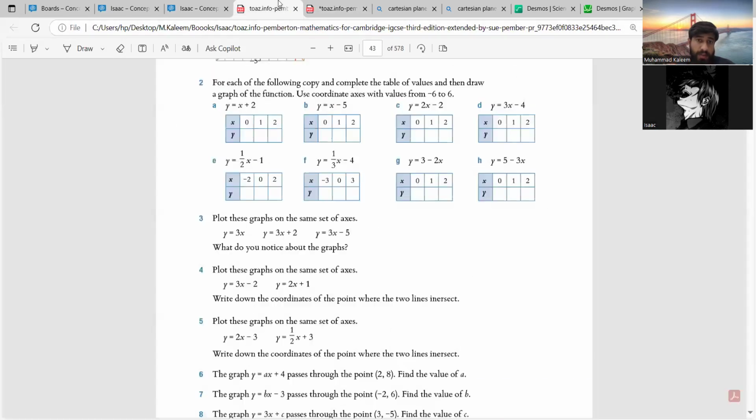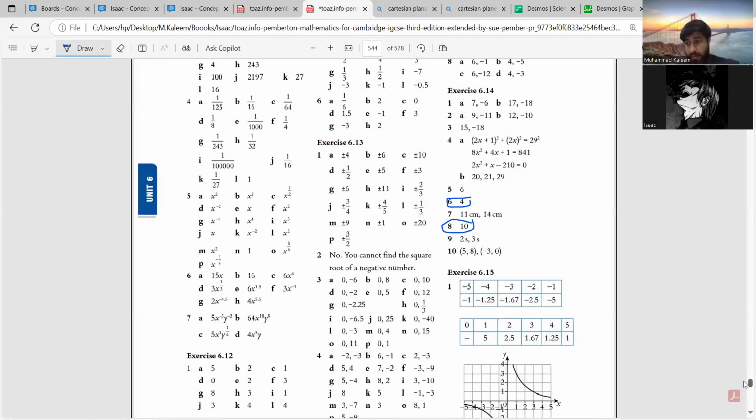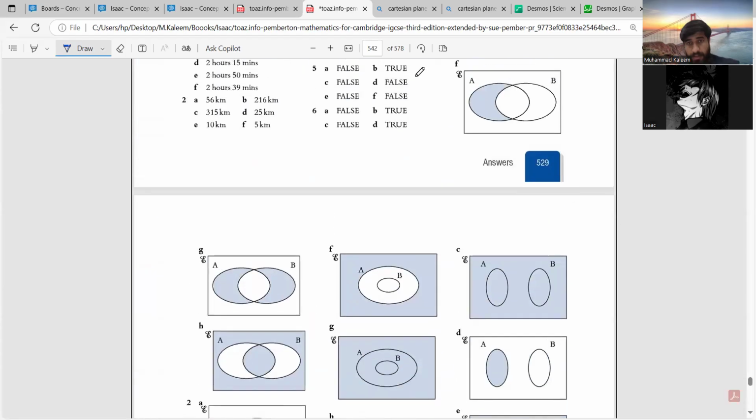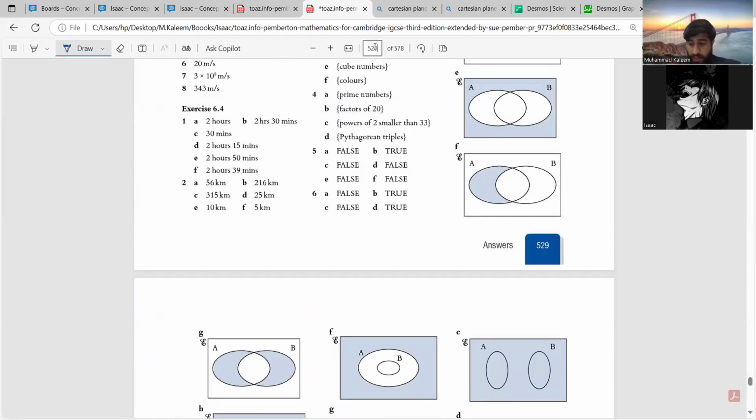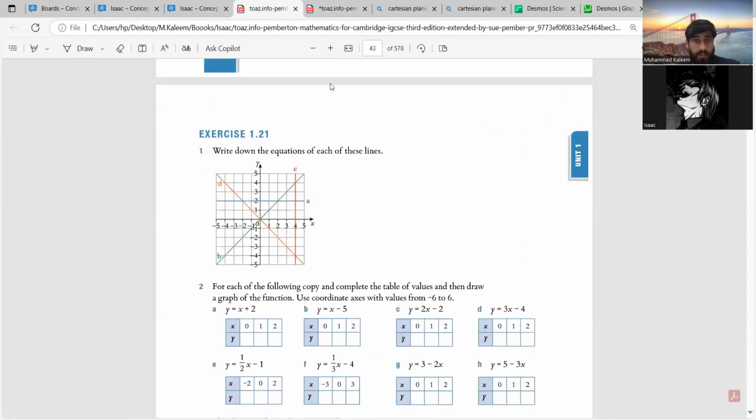If you want to verify the answer, we can verify it. You performed well overall. Which exercise is this? This is 1.21.